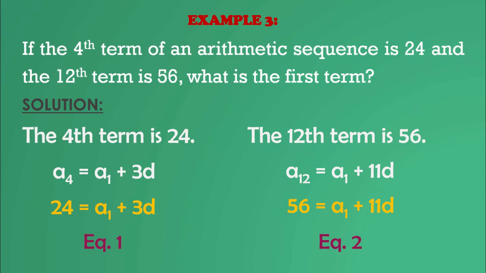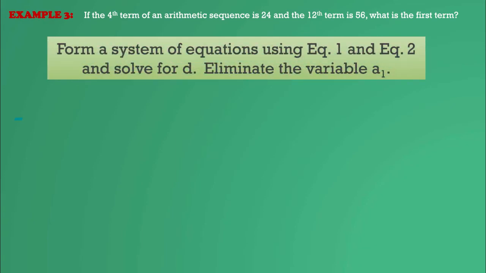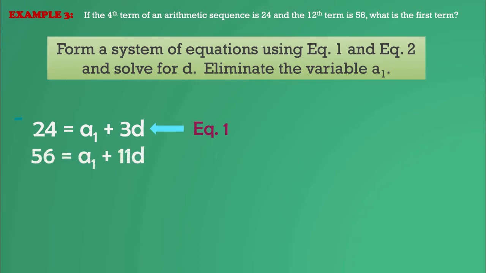So next step is we will now form a system of equations using equations 1 and 2 and solve for d. Eliminate the variable a sub 1. So this is our equation 1, remember? And this is our equation 2.